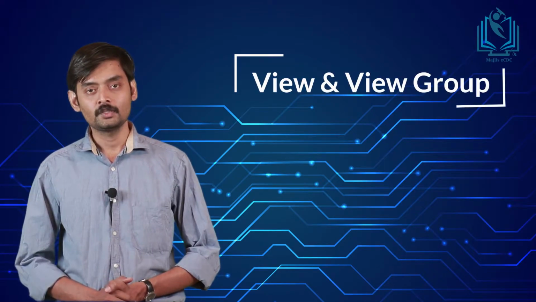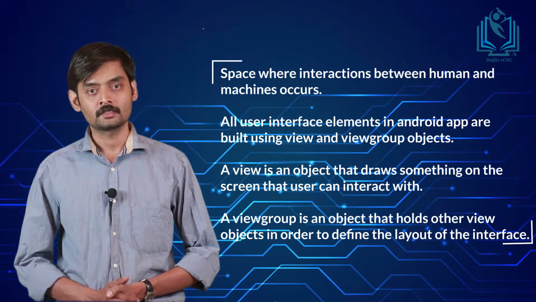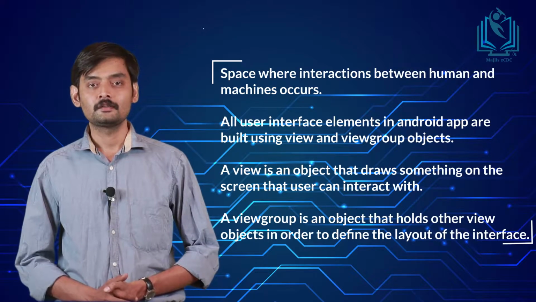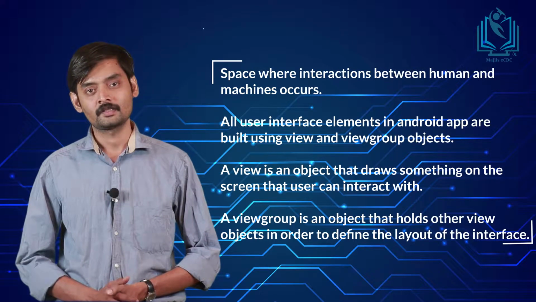The basic controls we are discussing in user interface are view and view group. What is actually view and what is view group? Android programming is basically written in Java code, and designing is done in XML code.